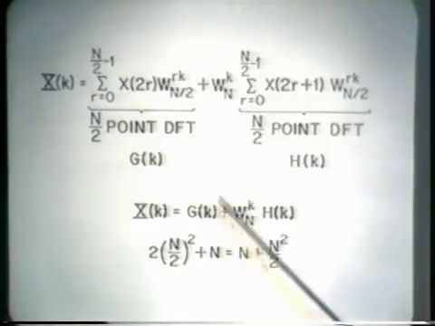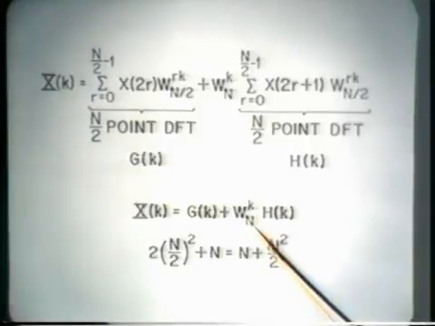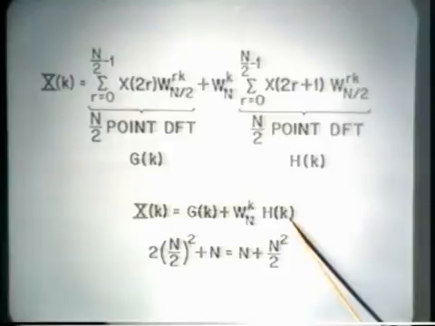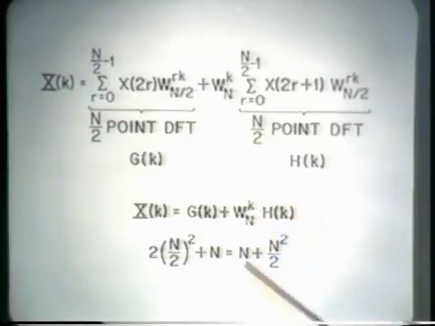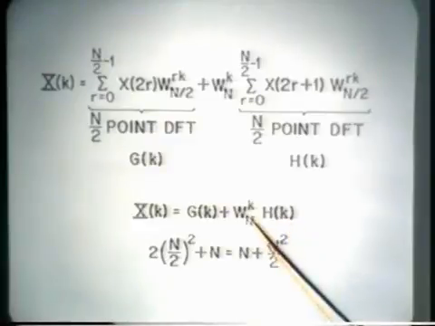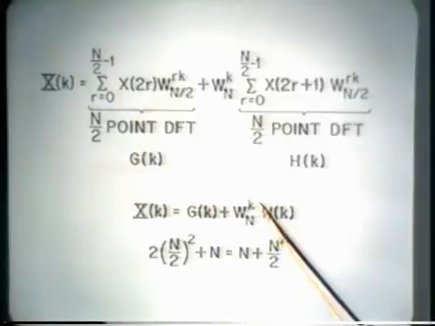In addition, we have to combine these together by multiplying by w sub n to the k. That involves capital N complex multiplies and adds because k ranges from 0 to n minus 1. In other words, k ranges over n different values. So there are n complex multiplies involved in this, and then n complex adds in combining these together.